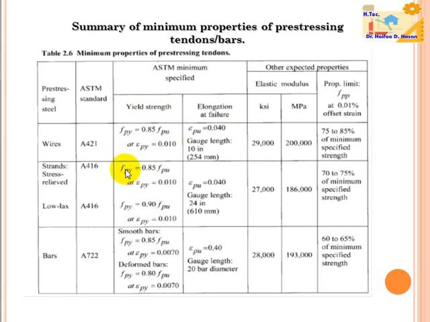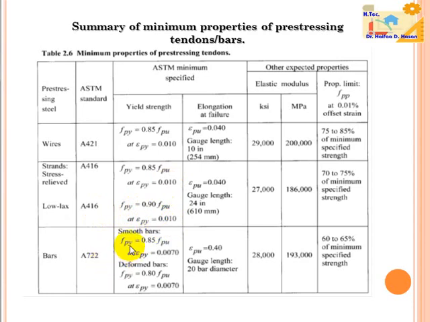And here for each type of strand: stress relief, fpy equal to 0.85 fpu at strain of prestressing steel equal to 0.01. And here for low relaxation, fpy equal to 0.9 fpu, also at the same strain 0.01.